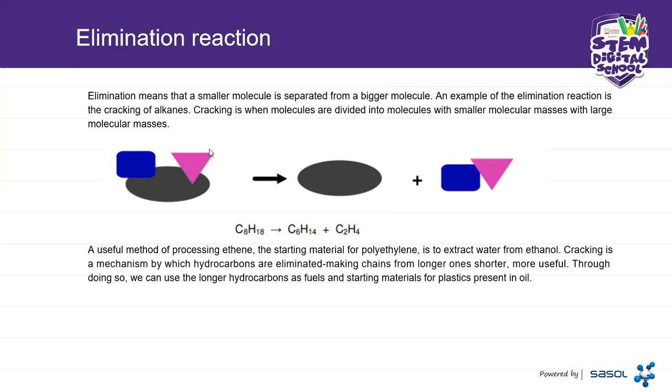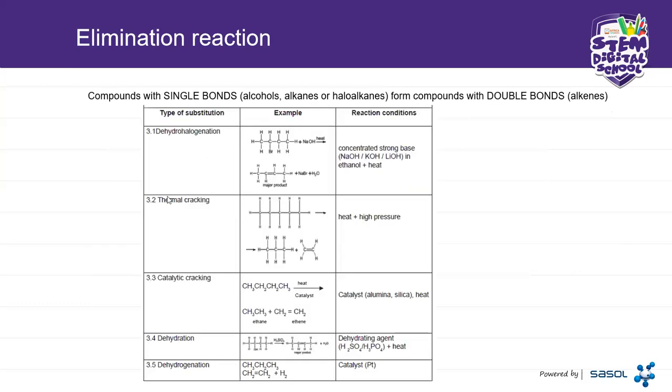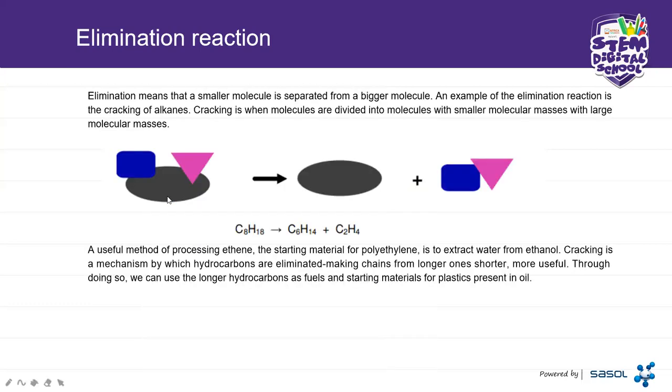So you're going to get unsaturated bonds. You're going to have a saturated molecule, which is obviously single bonds, that's going to break down into unsaturated bonds, triple or double bonds. So they say elimination means that the smaller molecule is separated from a bigger molecule.